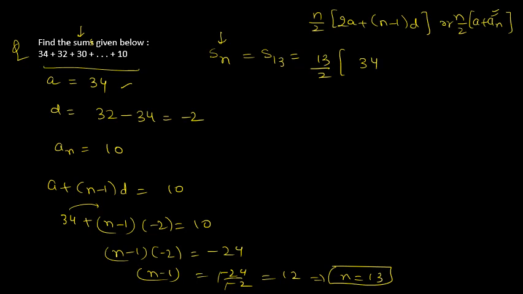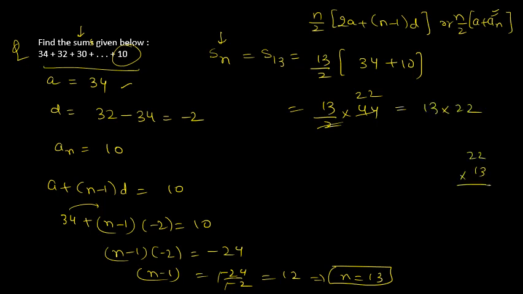What is an? The last term, 10, right? So 13 by 2, this is 44, right? Then 13 into 22, you can multiply it. 2 3s are 6, 2 3s are 6, 1 2 is 2, 6, 8. So 286 is your answer, right?